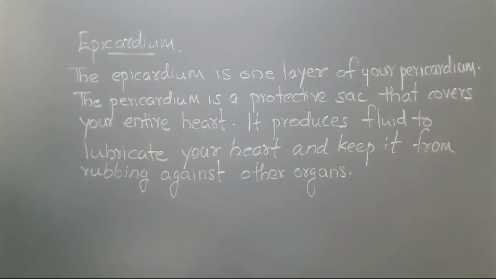We'll see the epicardium. The epicardium is one layer of your pericardium. We already learned about the pericardium, which is the protective sac that covers the whole heart. So the epicardium is one of the layers of the pericardium. It produces fluid to lubricate your heart.